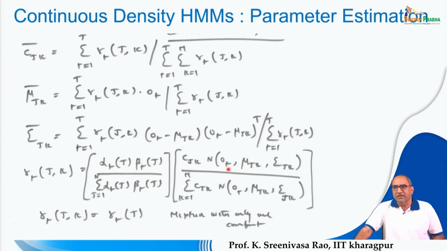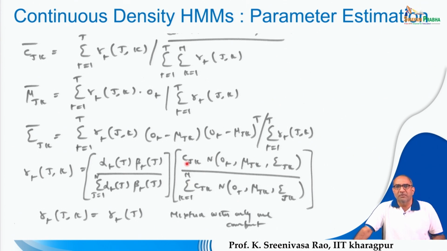Here the second factor includes the further computation for the other components. Gamma t of i can be computed using the first factor, and since it is a continuous HMM involving the mixture model, the second factor represents the state by a mixture model.